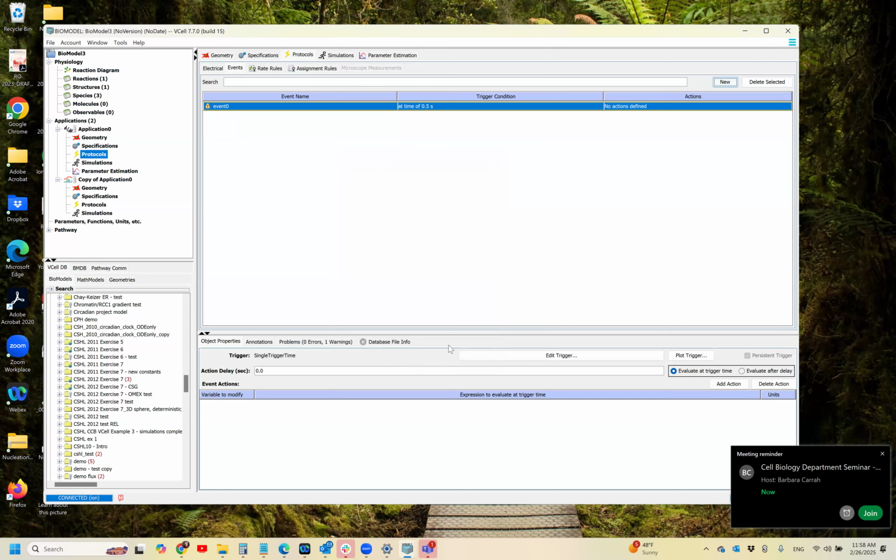And so that tells the system when the discontinuity, the change, is being introduced. And then on the bottom, you will define what happens. So maybe at that point, we can add an action where we modify the enzyme and say it got inactivated. Now it's 0 after 5 seconds.